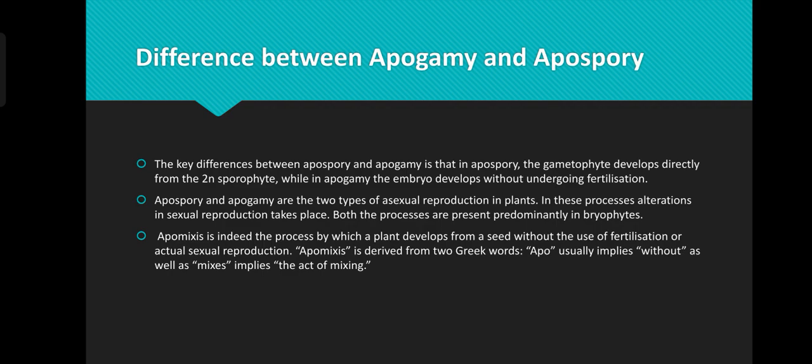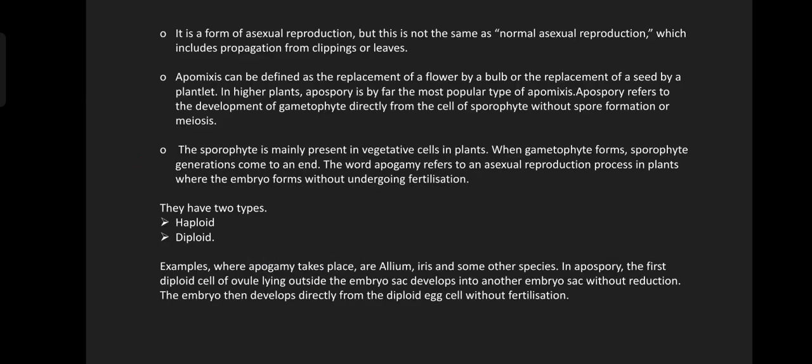Apomixis is the process by which a plant develops from a seed without the use of fertilization or actual sexual reproduction. It is a form of asexual reproduction, but this is not the same as the normal asexual reproduction, which includes propagation from leaves.